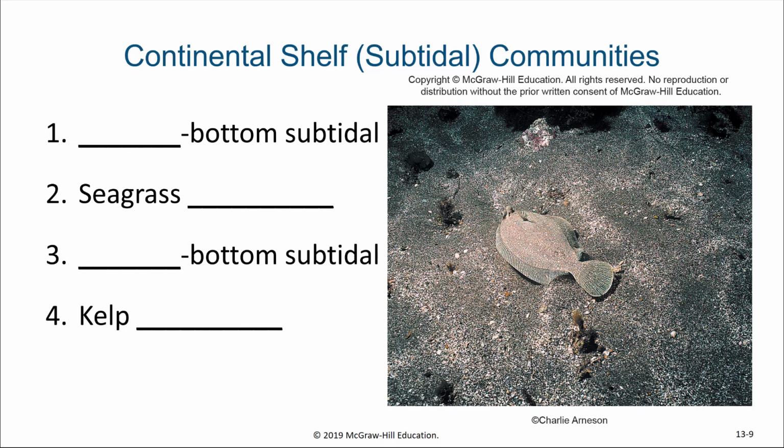So there are 4 types of subtidal communities that we'll talk about on the continental shelf. These include soft-bottom subtidal, where the bottoms are made of mud or sand, seagrass meadows, hard-bottom subtidal, and kelp forests.